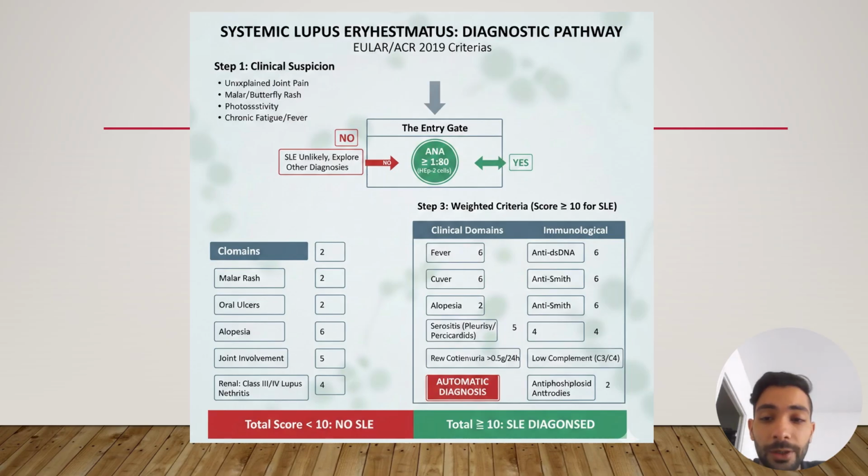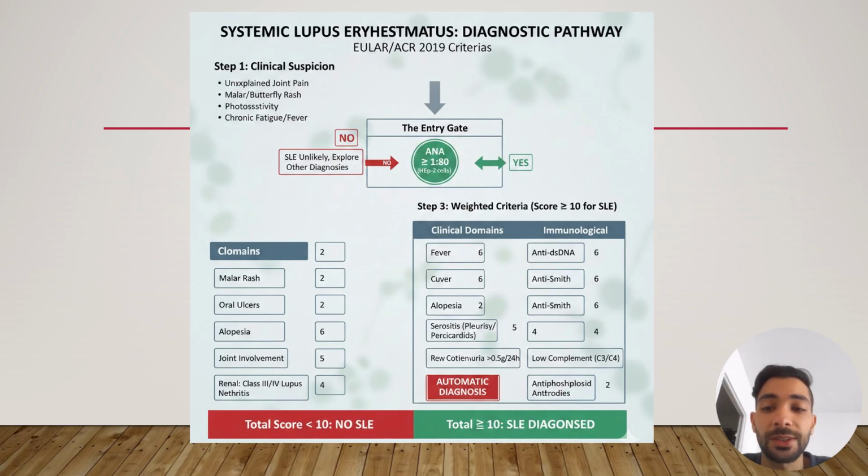Part 1 is the clinical suspicion, the trigger. Here we look for the classic red flags: malar or butterfly rash, unexplained joint pain or swelling, sensitivity to sunlight, chronic unexplained fatigue or low-grade fevers.